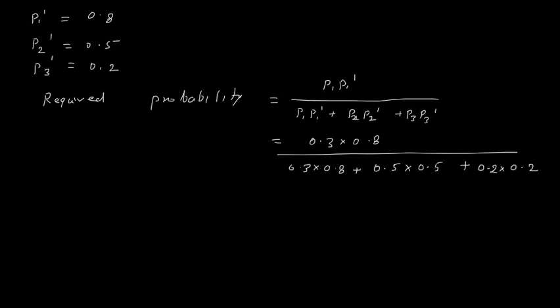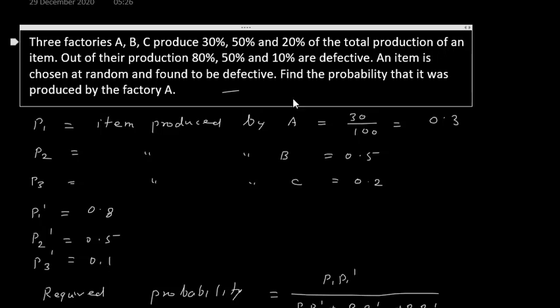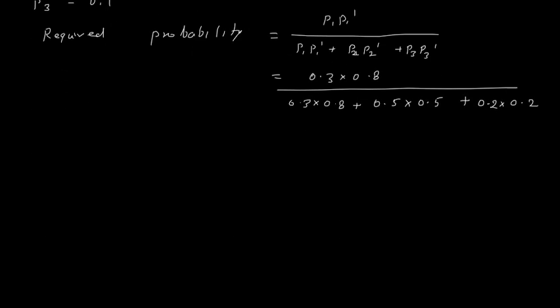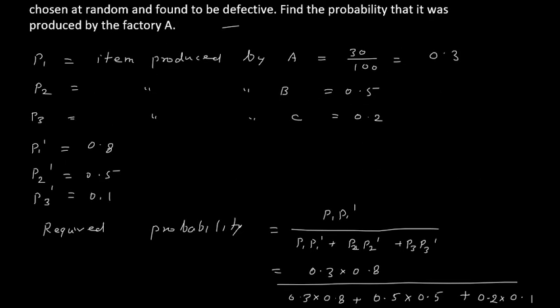Okay, here it is 0.1. P dash values are 80, 50 and 10. Calculate it. You will get answer as 0.47. So this is our required probability.